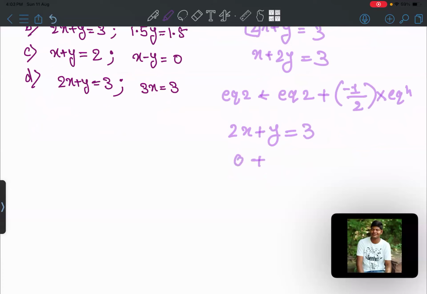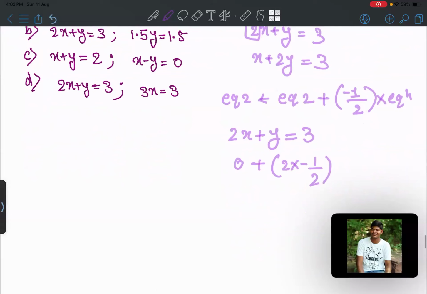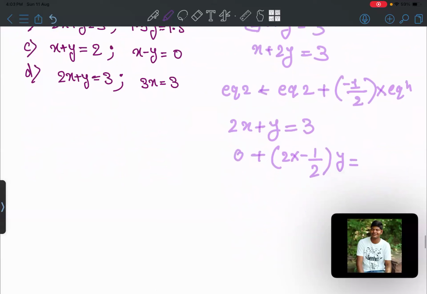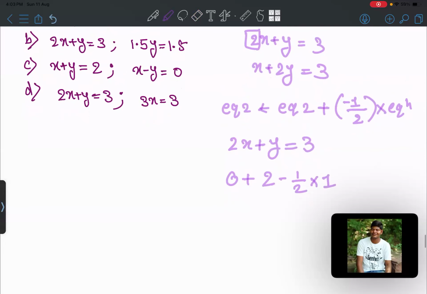0 plus, equation 2's 2 minus 1 by 2 multiplied by the term in equation 1, 1, that is y.